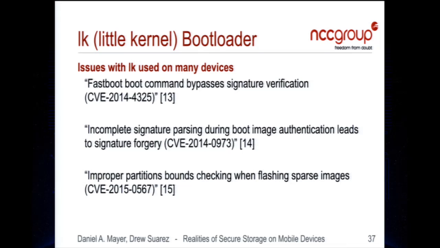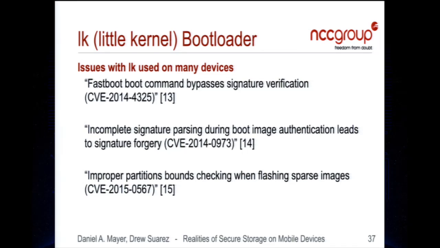So there are a few CVEs we called out that would allow you to overwrite boot images on your device. In the first one, they just forgot to check whether fastboot boot had the ability to boot an image, so you could boot an arbitrary image on the device a single time, and use that to root or do whatever you want to it. The second one was a bug in the signature parsing that allowed you to spoof your own signatures so that you could sign your own boot image.